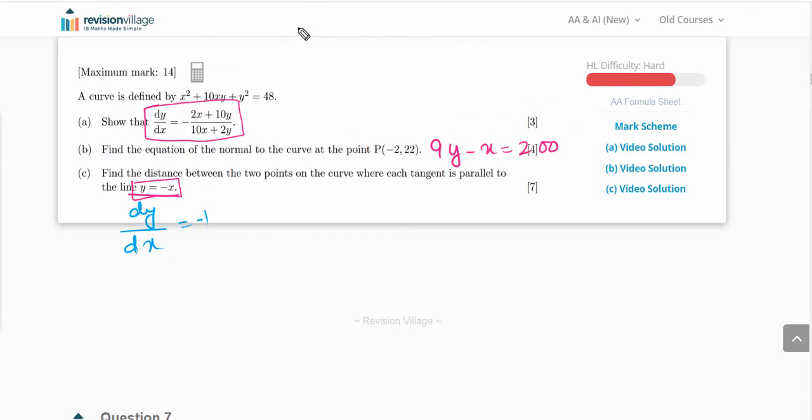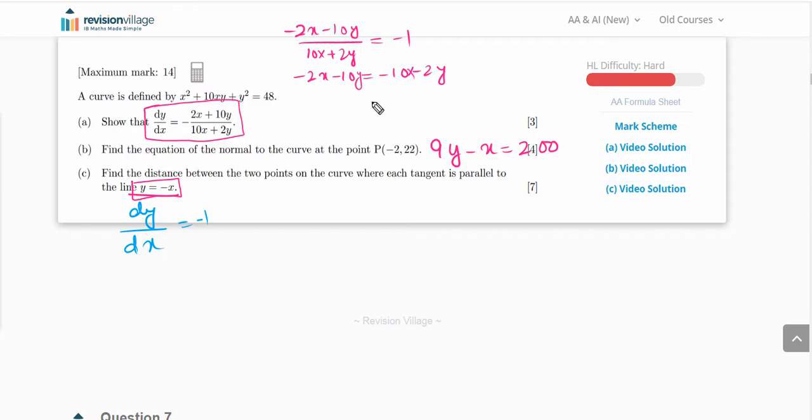In fact, it will be like negative 2x negative 10y over 10x plus 2y equals negative 1, which is the gradient of this line. Now I'll shift this over on the right side, so it will become negative 2x negative 10y equals negative 10x negative 2y.